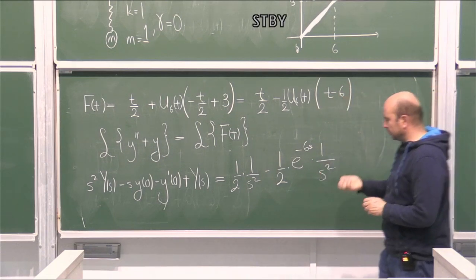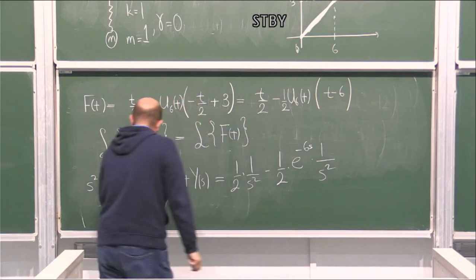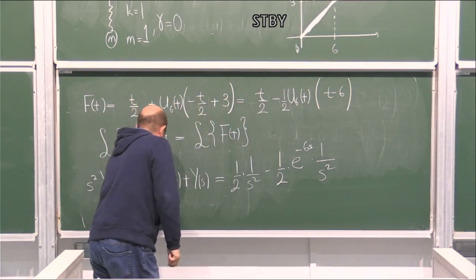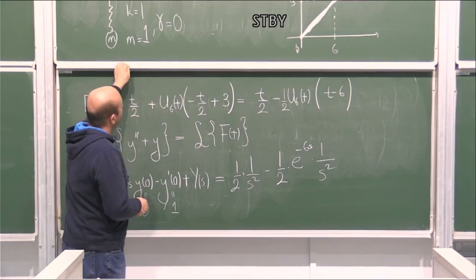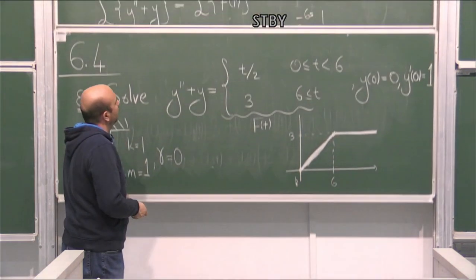What are the initial conditions? y of 0 is 0. y prime of 0 is 1. So from this, we get the following.